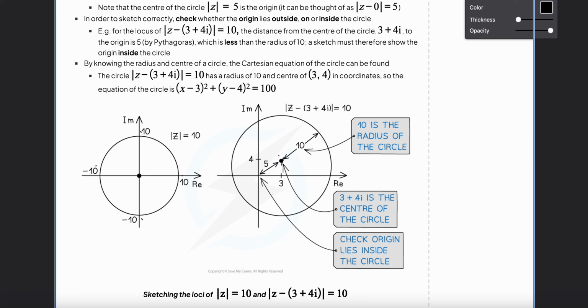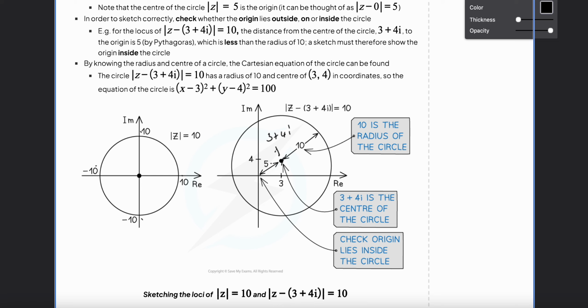So from here to here we have 3, and then from here to here we have 4. If I apply the Pythagoras theorem on this small triangle, I will see that from the center to the origin I have 5, right?